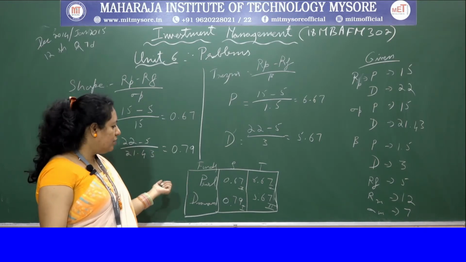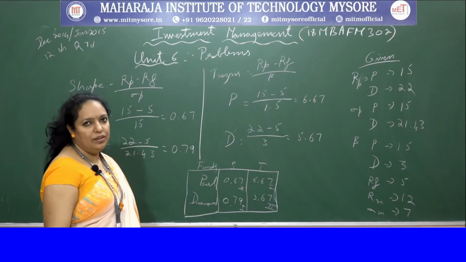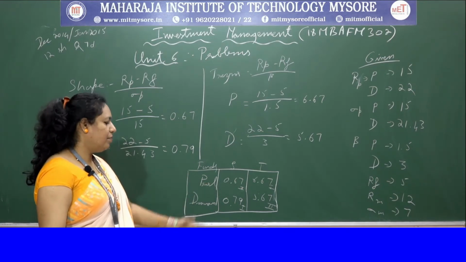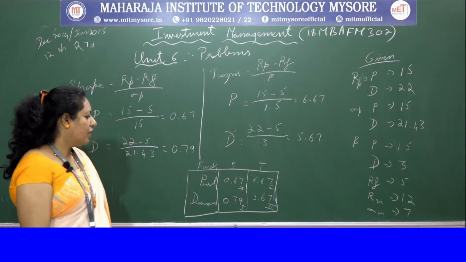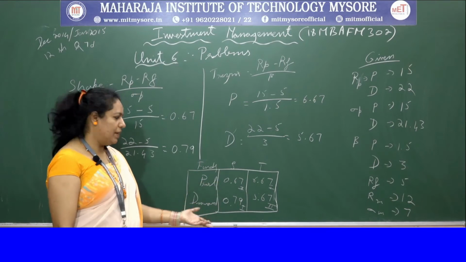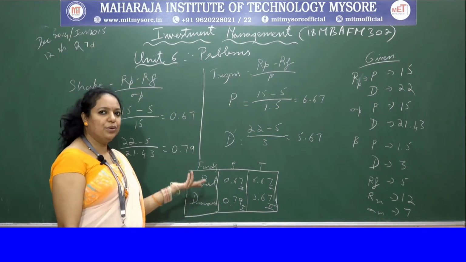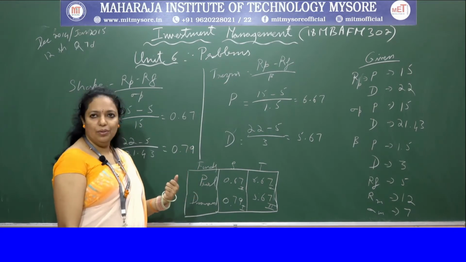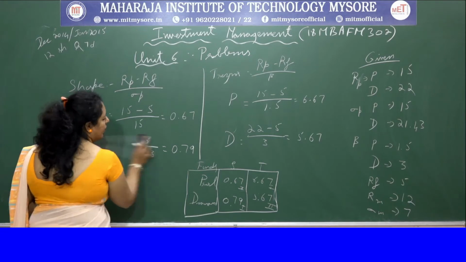But as there are no 3 funds, you can pick any of the funds for returns. Both are good enough for investment. If you have to have a comparison, you can go for both the funds, or else you can do Jensen's measure in order to get the right answer. I will show Jensen's also so that you can understand.